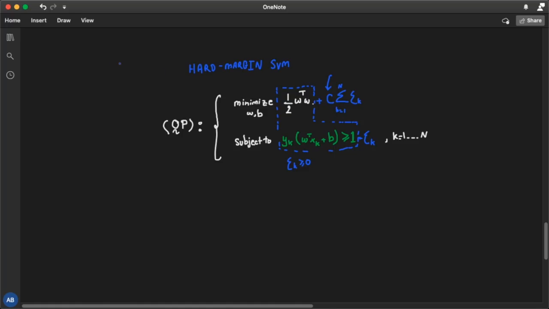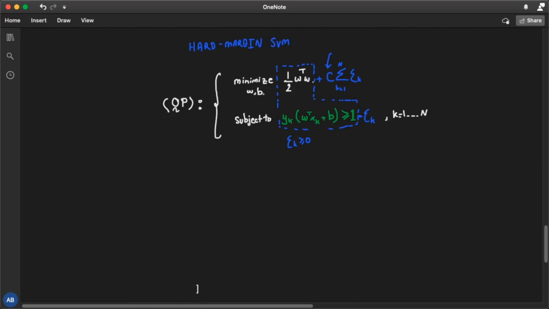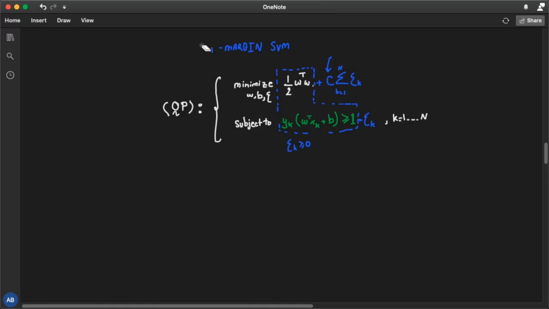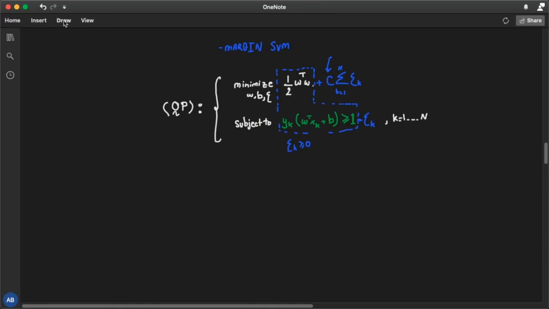So if I were to write down the Lagrangian, oh, and by the way, the minimization is also with respect to psi. This problem is now the soft margin SVM.